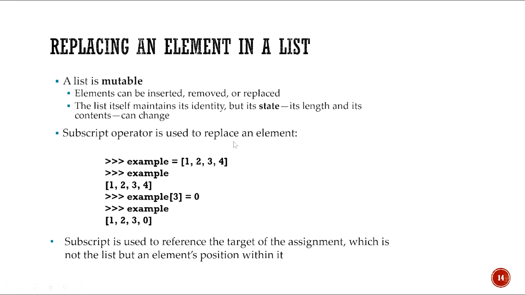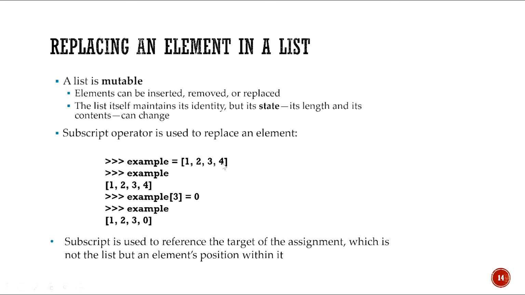The subscript operator is used to replace an element. In this example, I have defined a variable called example, 1, 2, 3, 4, and now I want to update the value in position 3. By default, the first item's position is 0. So 0, 1, 2, 3.